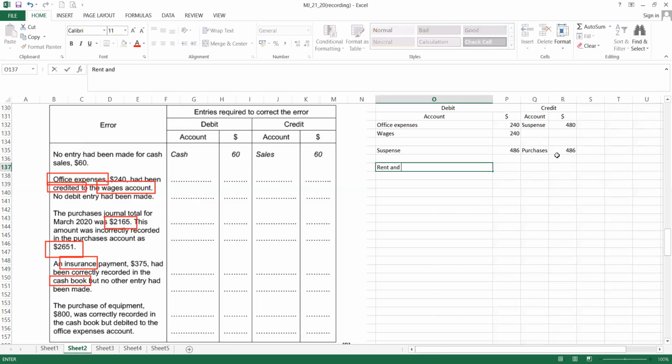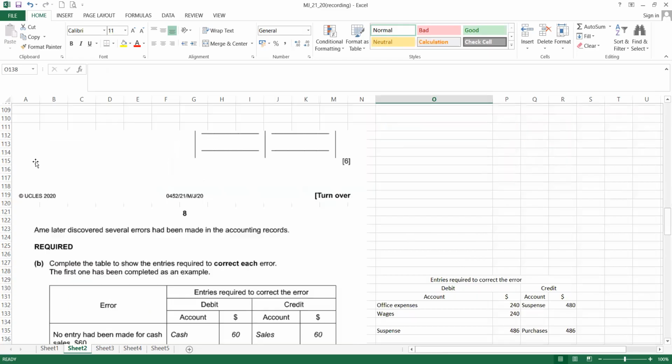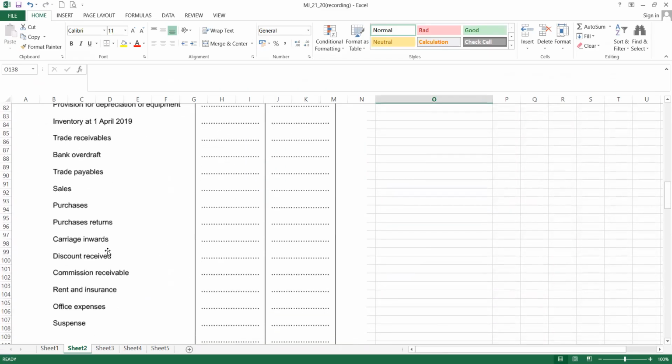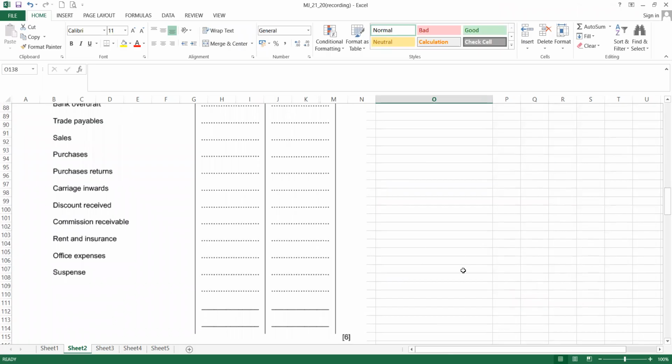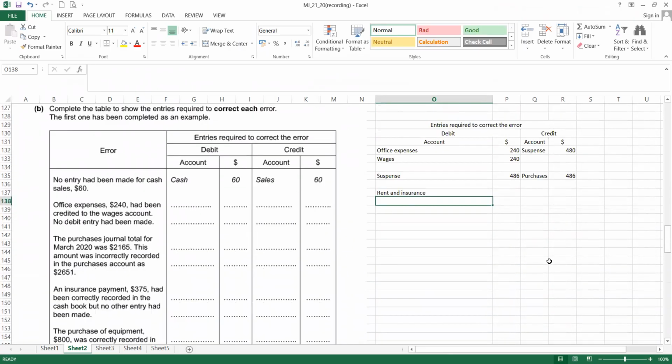Rent and insurance. Why I write rent and insurance? Because the account on top is showing that here they put rent and insurance. So I record in the rent and insurance account. 375. But because it's a one side, the cash book is correct. Don't touch the cash book. Touch the suspense account.